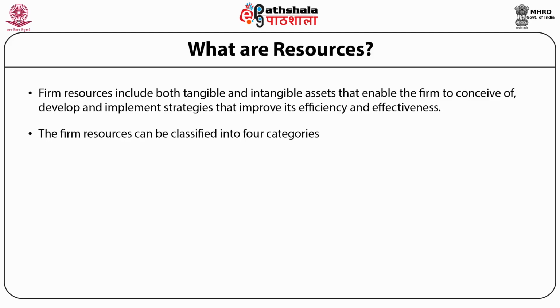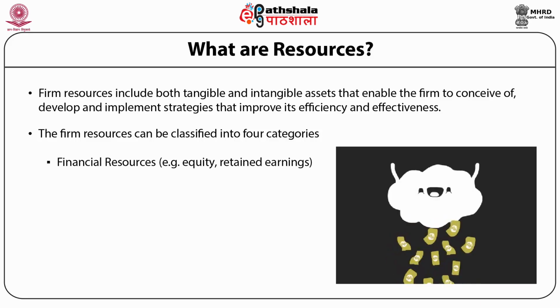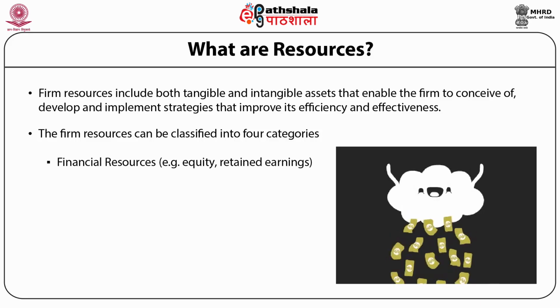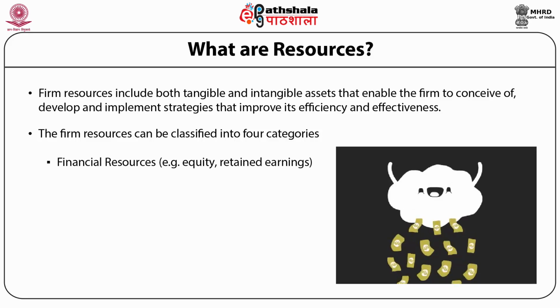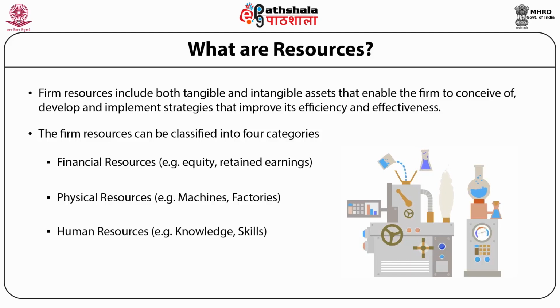For example, the firm could possess financial resources. For example, equity, retained earnings is part of the financial resource. The company can possess physical resources, for example, quality machines, technology. The factories it possesses can be part of the physical resource. Or it can have human resources in terms of the knowledge and skills of its employees. And finally, the firm can possess organizational resources to its advantage.